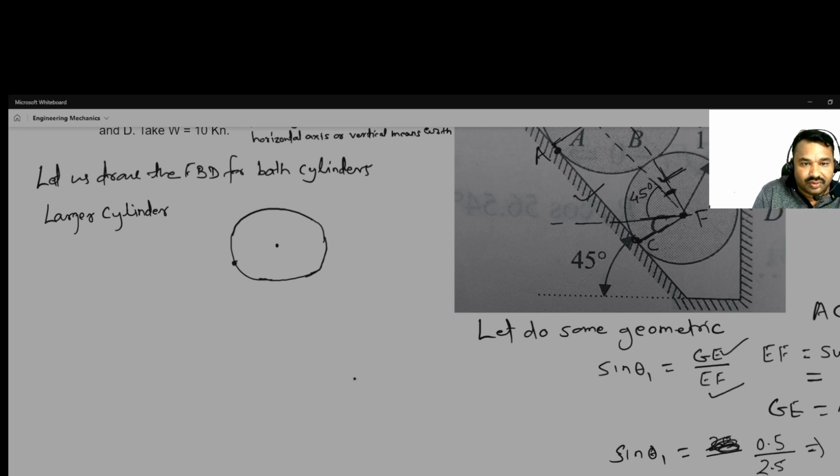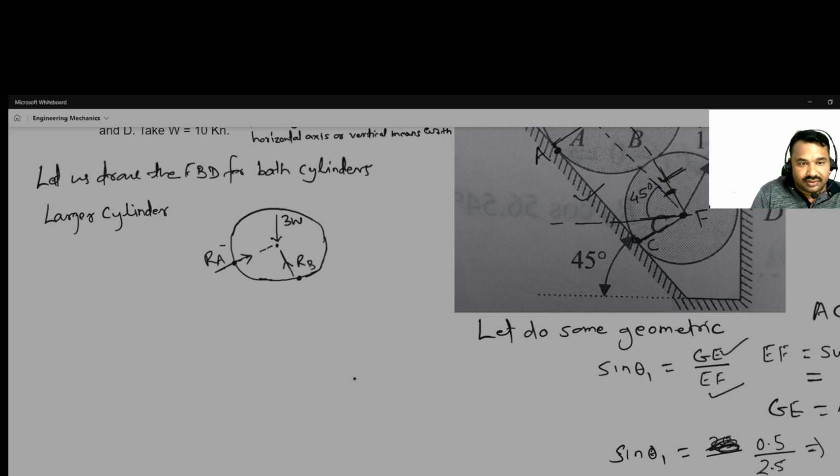This is the contact point, and this is the contact point. So it is RA, and the weight here is 3W, and this one is RB.